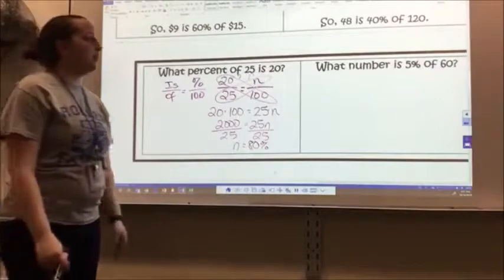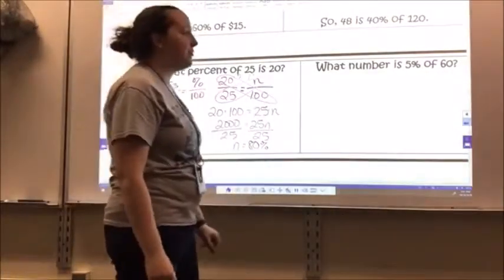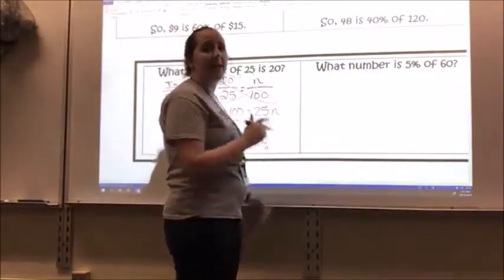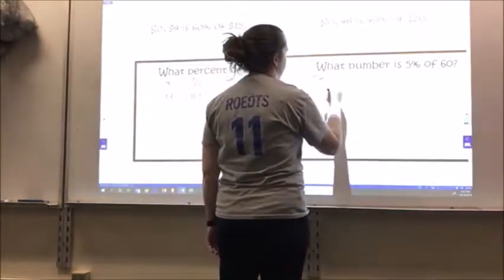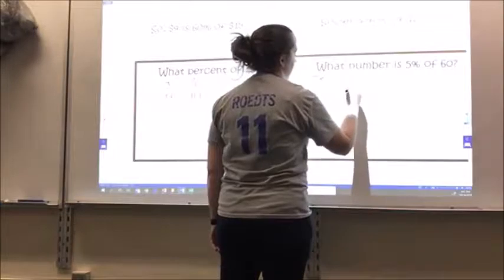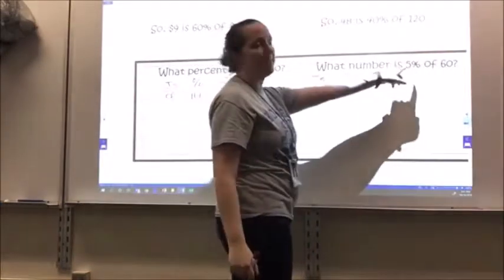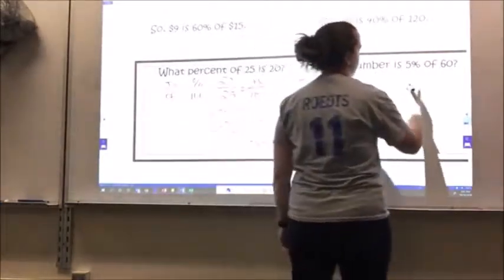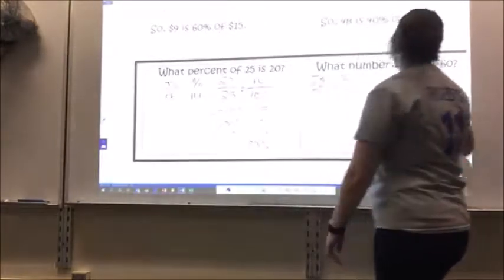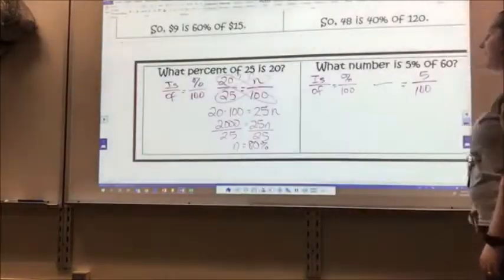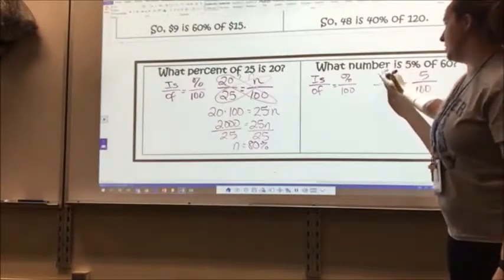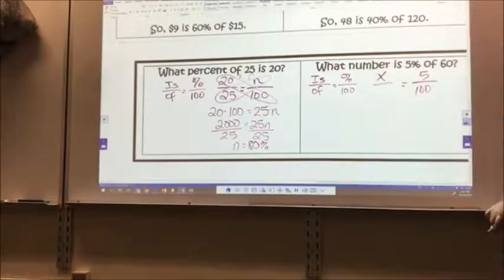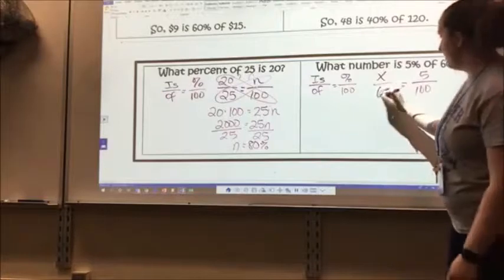The second problem says what number is 5% of 60? Again, I set up my proportion: is over of equals percent over 100. They gave me my percent, 5, so I can put 5 over 100. What number is, so my is is what I'm missing. I'm going to use a variable, whatever one you want, and then of 60.